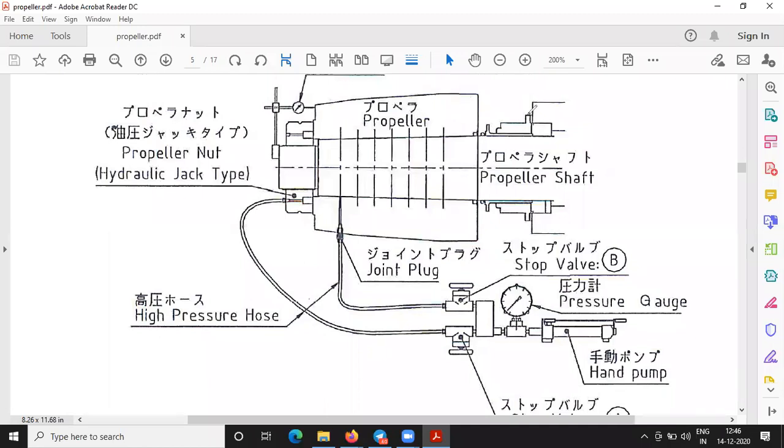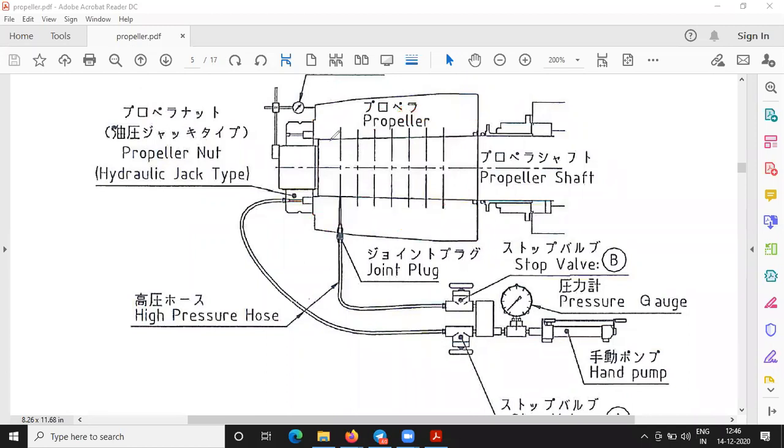Now whenever we say the propeller boss, this has been embedded with a cast iron sleeve. This is the cast iron sleeve, and this is the non-ferrous material of the propeller boss. So whenever we refer to the propeller, that means both of these together. Okay, that is the thing.